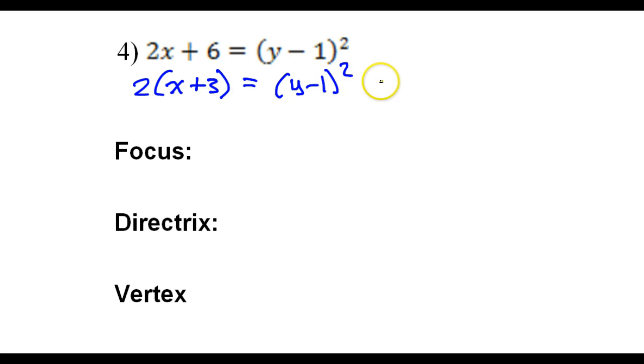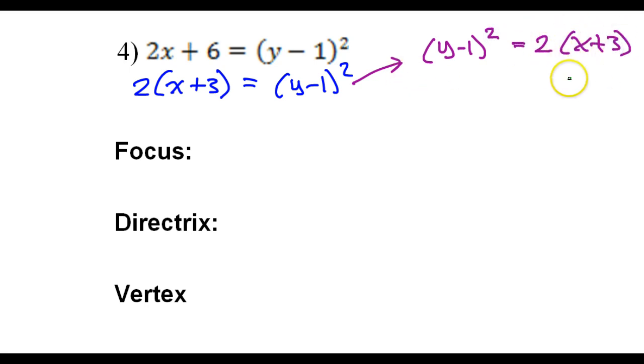Now, this is sort of backwards from what we've been doing so far this unit. So please understand that this is the same thing if I wrote it the other way around, as y minus 1 squared is equal to 2 times x plus 3. Same thing. So you should be able to glance at this and tell me the vertex immediately.